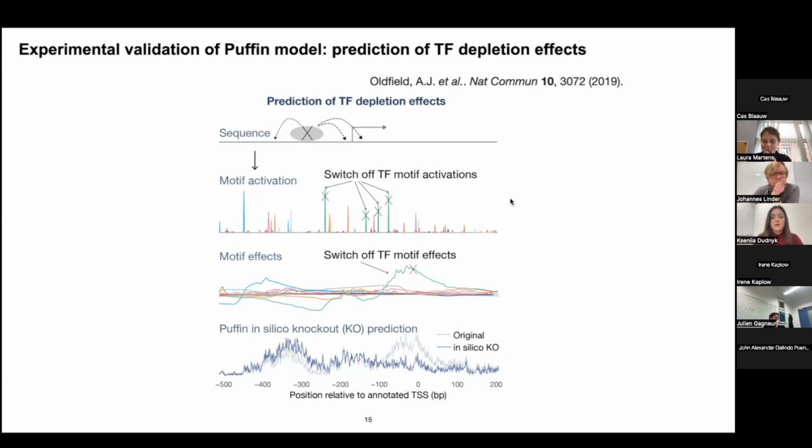We can actually replicate this experiment in silico because we can just turn off the activation of the NFY motif, which we assume is similar to knocking down NFY. So we turn off the activation and then make the prediction before and after this in silico knockdown.